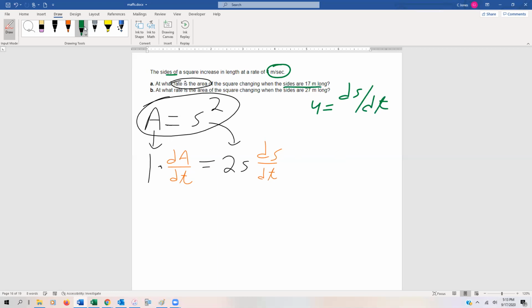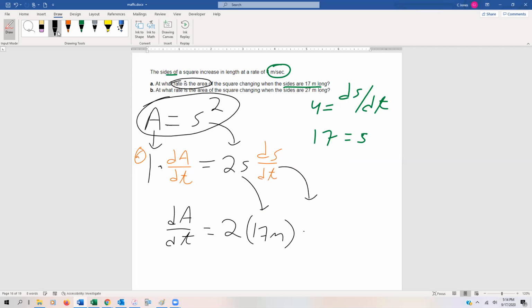We also know that s in part A is 17. We substitute those values back in, and that helps us solve for dA/dt. So dA/dt is equal to 2 times s, which is 17 meters, and then multiplied by ds/dt, the 4 meters per second.